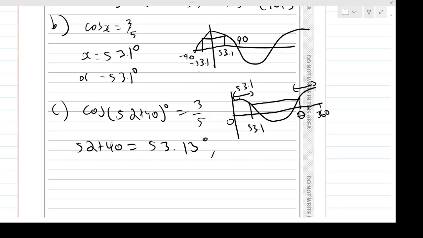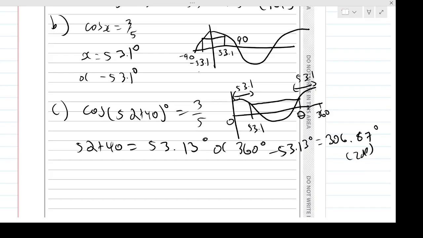So the next solution is 360 take away 53.1, and that is 306.87 rounded.